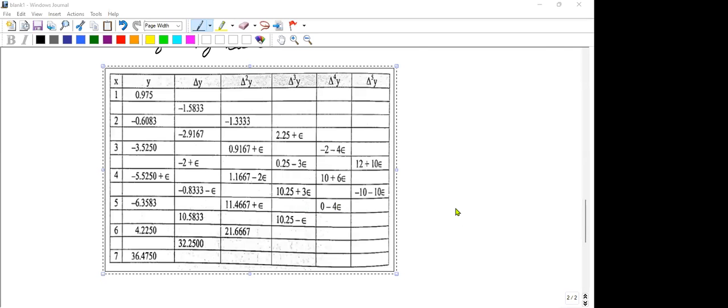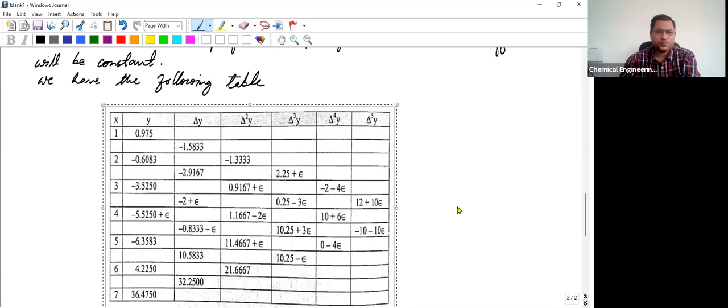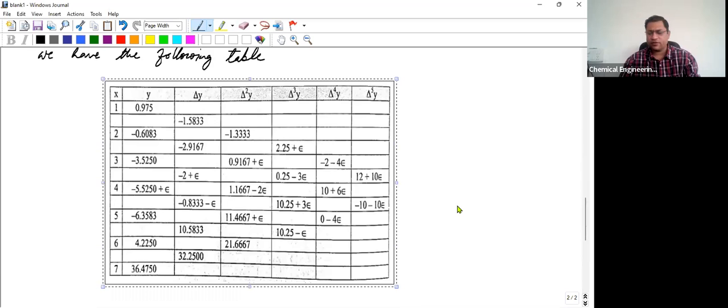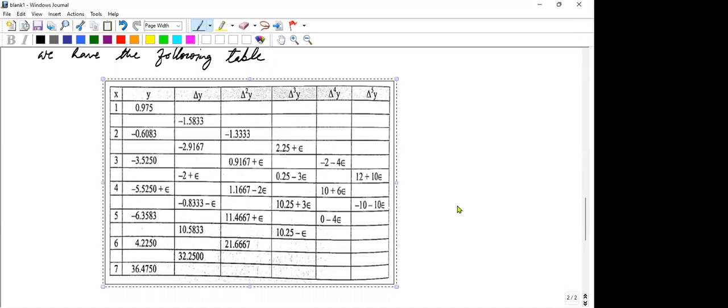Okay. So are you getting your table like this? Yes. These are the calculations that you are supposed to get. Maybe approximated again. Okay. Yes. Calculations will be nearby this. Okay.